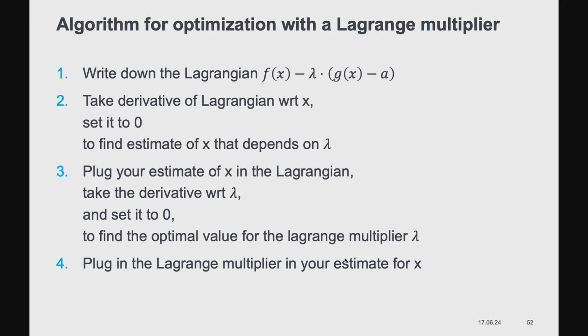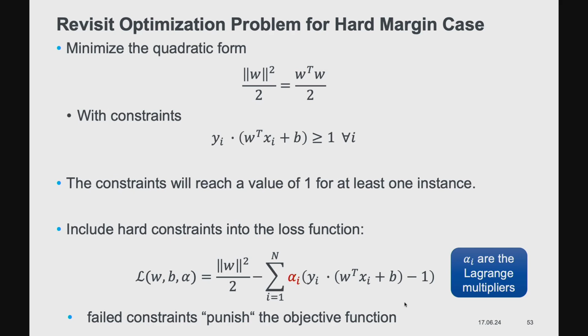We can plug in the Lagrange multiplier and estimate x anew. So when we have such a quadratic form with such constraints, we include the hard constraints into our loss function. And now the alpha i's are our Lagrange multipliers. These are the ones that we look for.